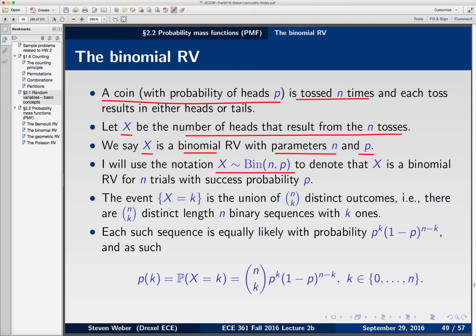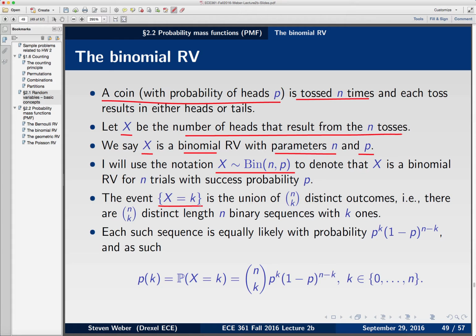Now, what possible values can such a random variable take? It can take any value between 0 and n. And in particular, the event that x equals k corresponds to having k successes and necessarily n minus k failures. But there are multiple ways in which I can have these k successes.